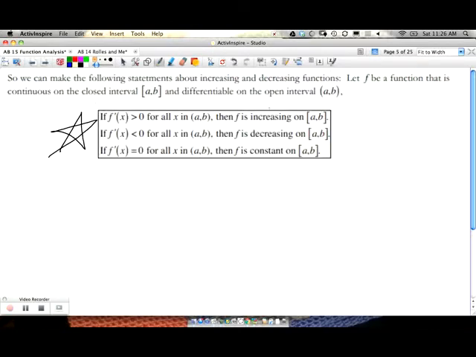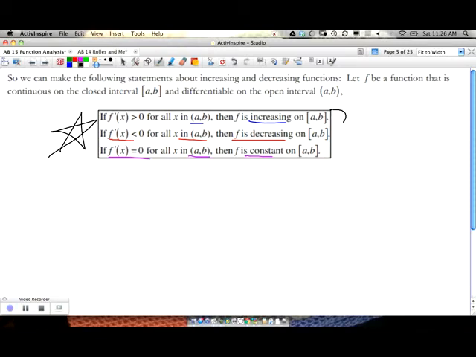So this is a summary of how we are talking about this. If f prime of x is greater than 0 for all x in that interval, then f is increasing. And if f prime of x is less than 0 for all x in (a, b), then f is decreasing. And if it equals 0 in that interval, then it's just constant. There is no slope. It's a flat, constant slope.